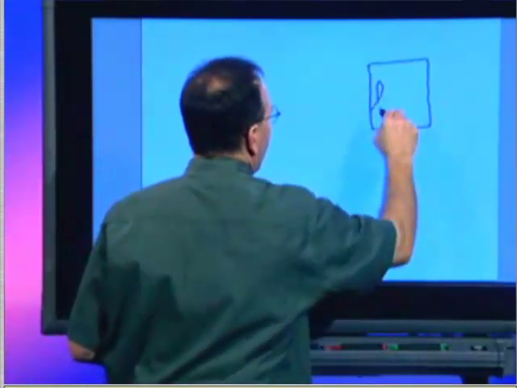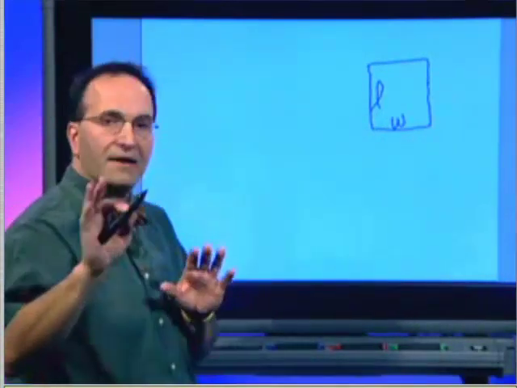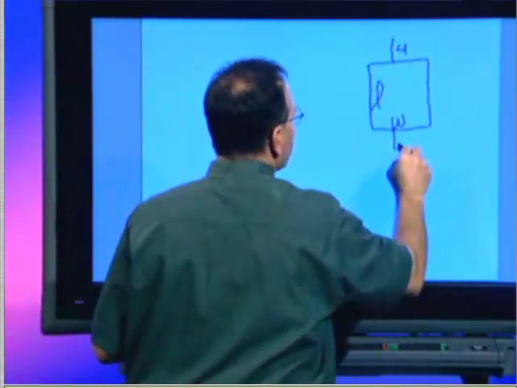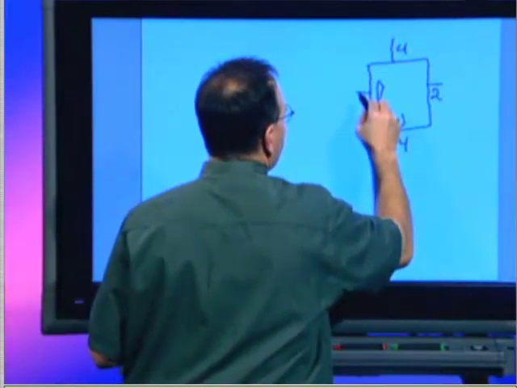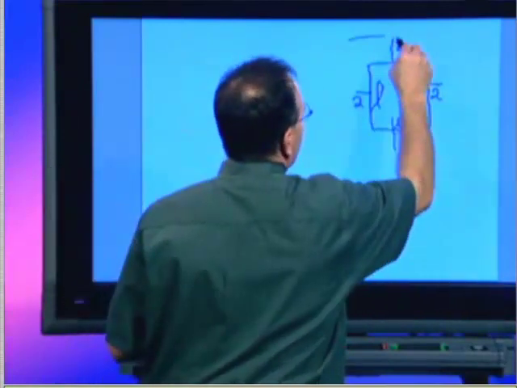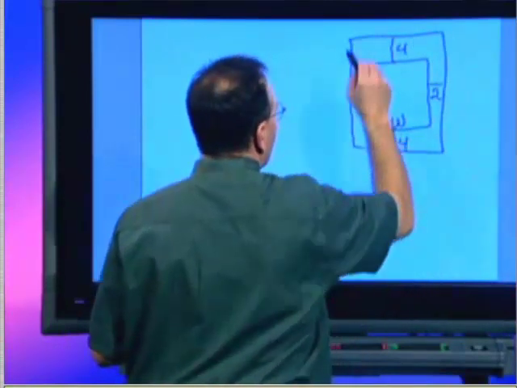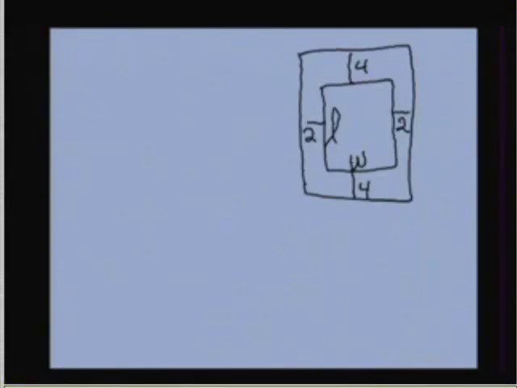We've got the inside writing area of the poster. And so we have L and W. But now what we know is that we have to have a 4-inch margin on the top, a 4-inch margin on the bottom, a 2-inch margin on each side. And so the overall poster would look like this. And I know that the width is actually going to be W plus 2 plus 2, or W plus 4.